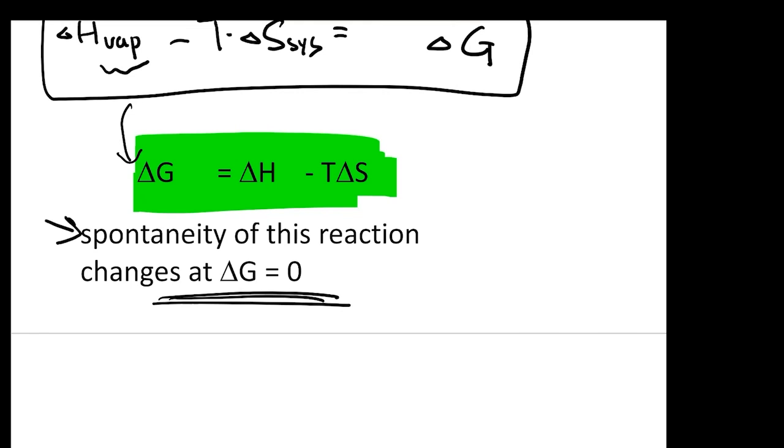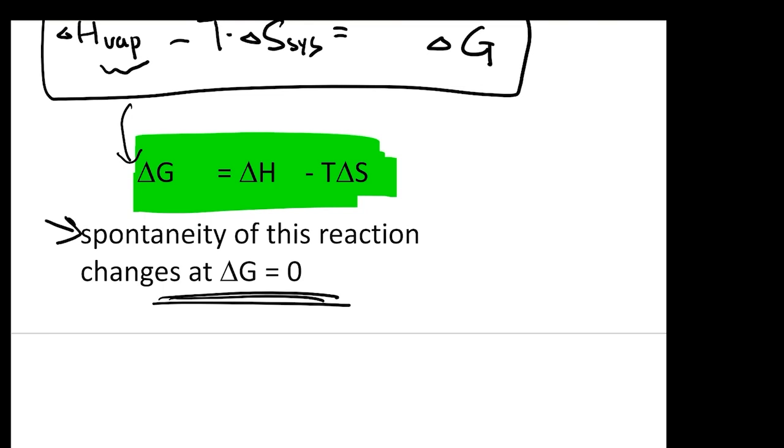Because if it's larger than 0, it's non-spontaneous, but if it's less than 0, then it's spontaneous. So delta G naught equal to 0 is a transition point. Now the question is, what is that point? What does delta G naught equal to 0 mean? It's neither spontaneous nor non-spontaneous, right?